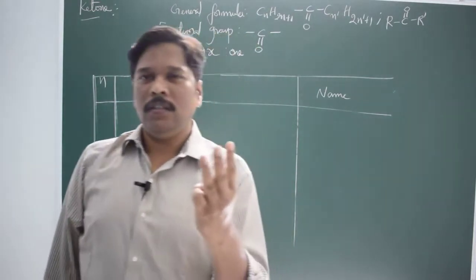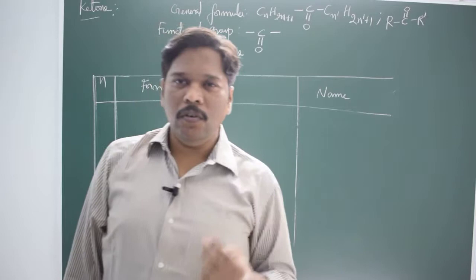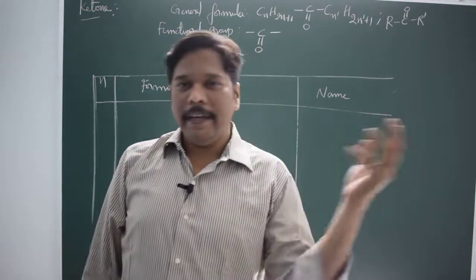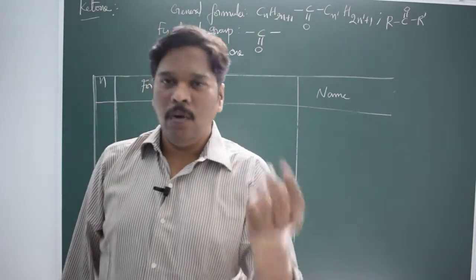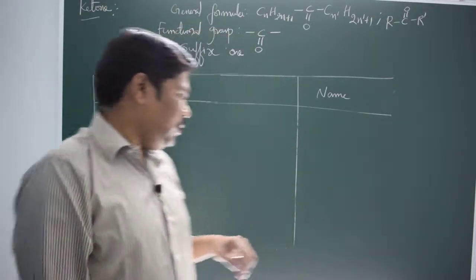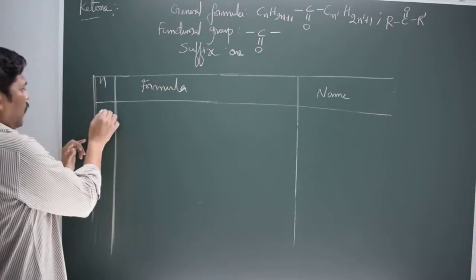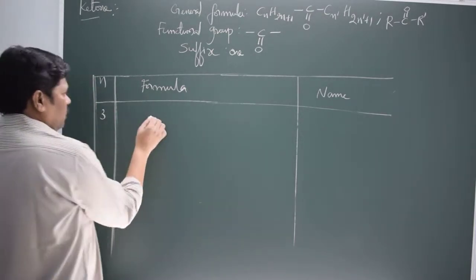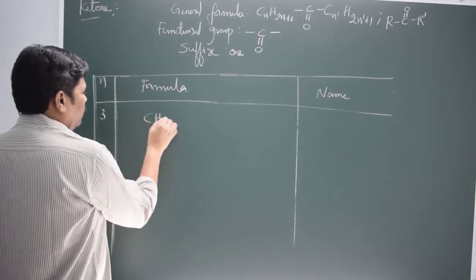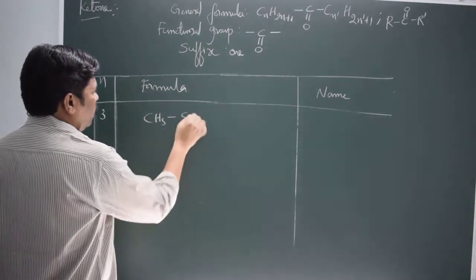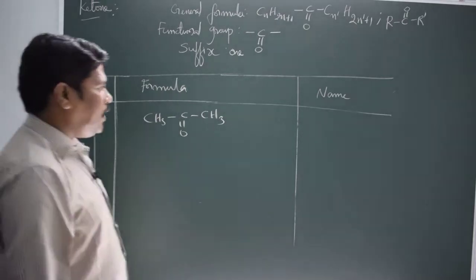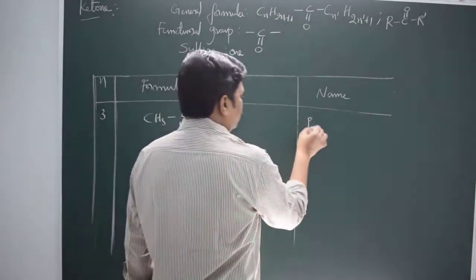The smallest member of the ketone group has 3 carbons, so prop-, propanone is the smallest ketone possible. So the number of carbon atoms is 3: a methyl group on this side and on the other side, CH3COCH3. I count the number of carbon atoms, 3 are there. It is propanone.